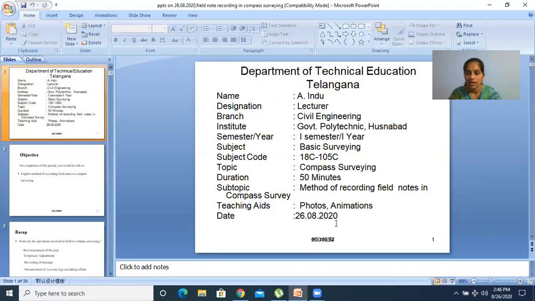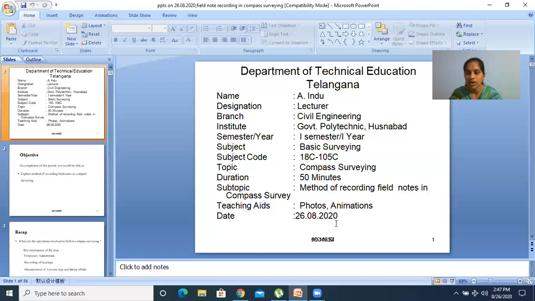That means recognition of the area. With our naked eye, we can see some features. We can make sure of the instrument placement, that is, the stations have been selected, and we also have to draw some index sketch. After that we have to mark the stations. That is the recognition of the area.